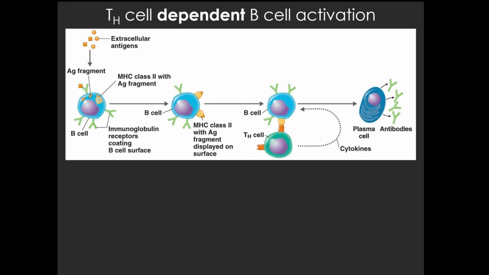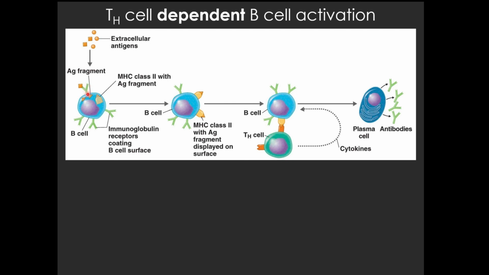So here we have extracellular antigens up at the top, right? So this could be bacterial cells, viruses, anything floating around. It's bound by this B cell on its B cell receptor. But notice at this point we have a naive B cell. We don't have a plasma cell secreting antibodies.